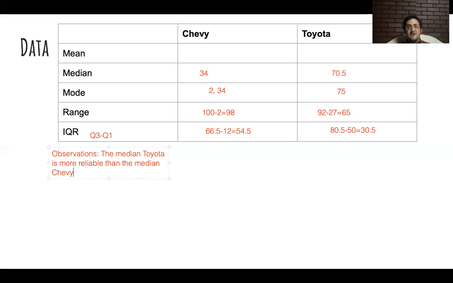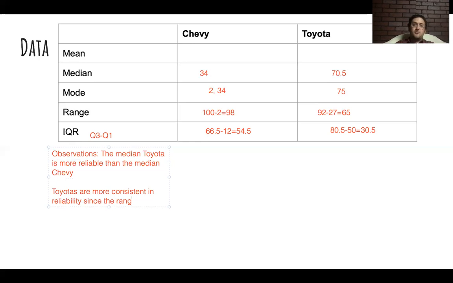But when we're looking at the middle, that middle Toyota is going to be more reliable than that middle Chevy. We can also see that Toyotas are more consistent in reliability, since the ranges and the IQRs are smaller.